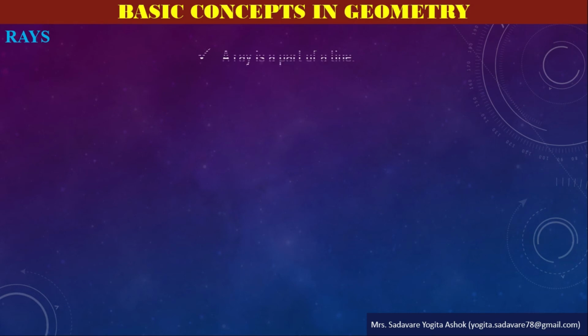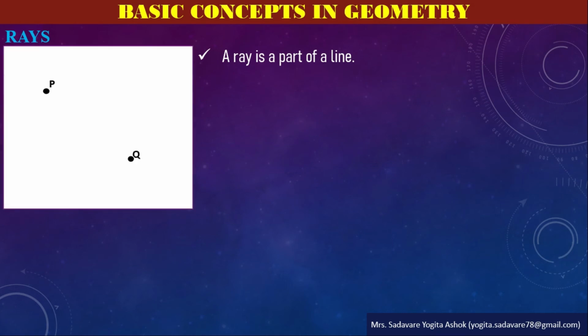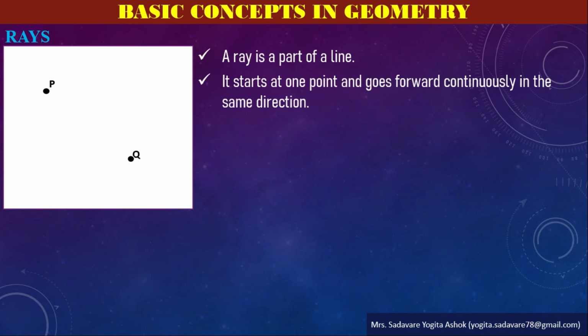Rays. A ray is a part of a line. It starts at one point and goes forward continuously in the same direction.